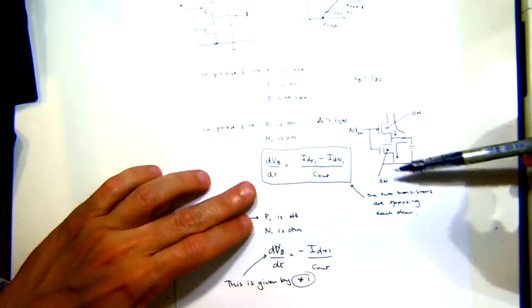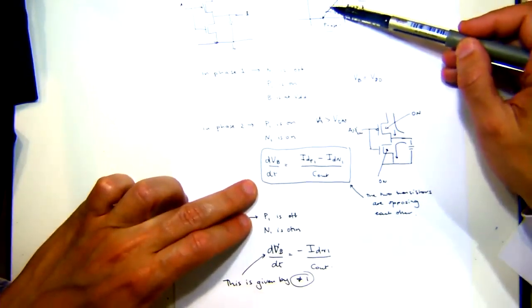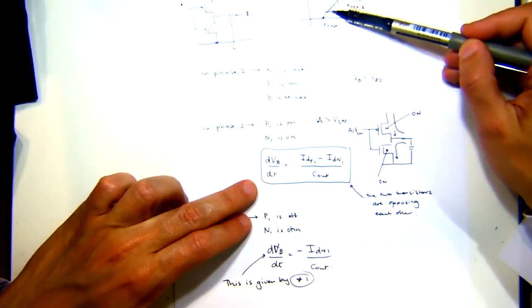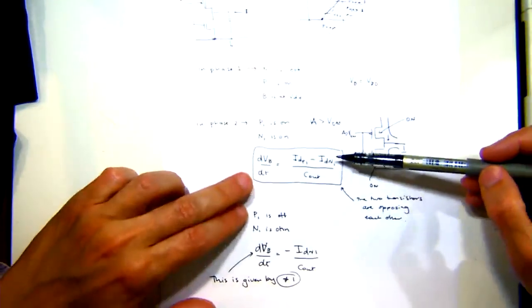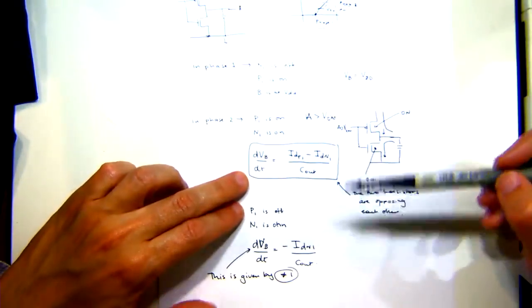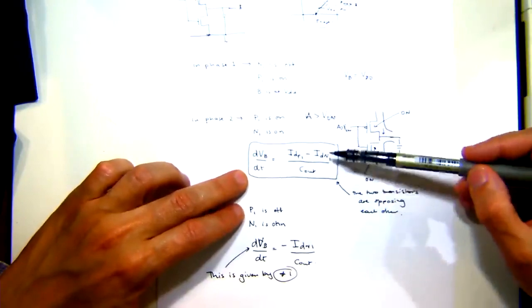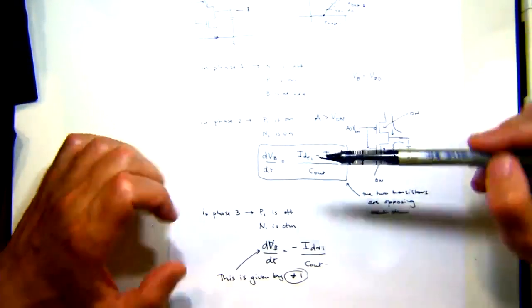So essentially, when the input is in this region, the PMOS device and the NMOS device are, to an extent, opposing each other, and that slows down the response.